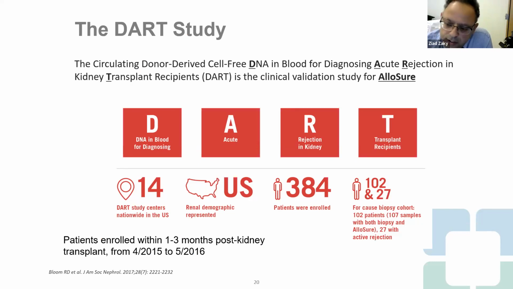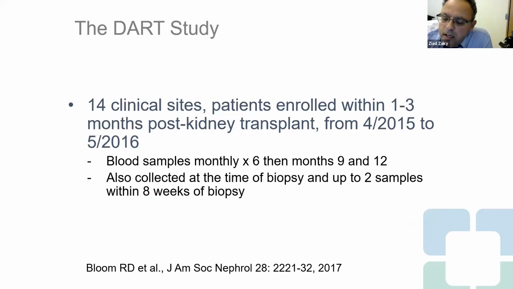We recruited 384 patients. We had a lot of biopsies in those cohorts. Patients were enrolled over almost a 1-year period, from April 2015 to May 2016. And we had serial blood samples for those patients, correlating serum creatinine, donor-derived cell-free DNA, and their biopsies as well.